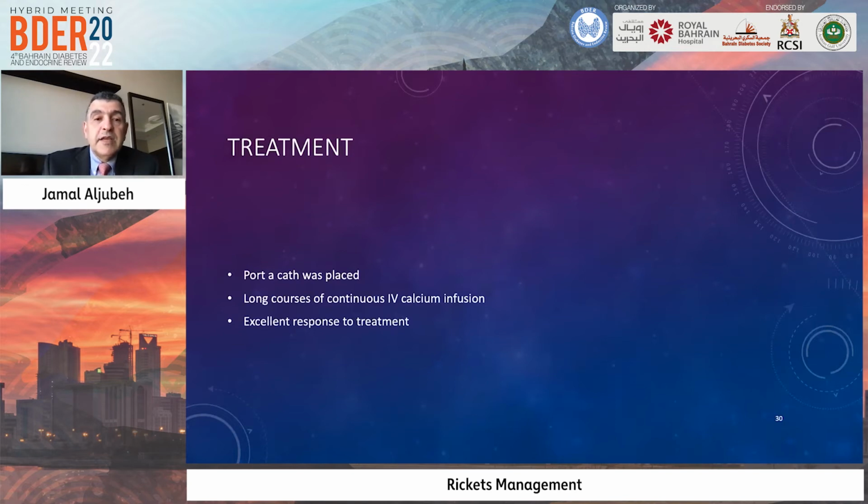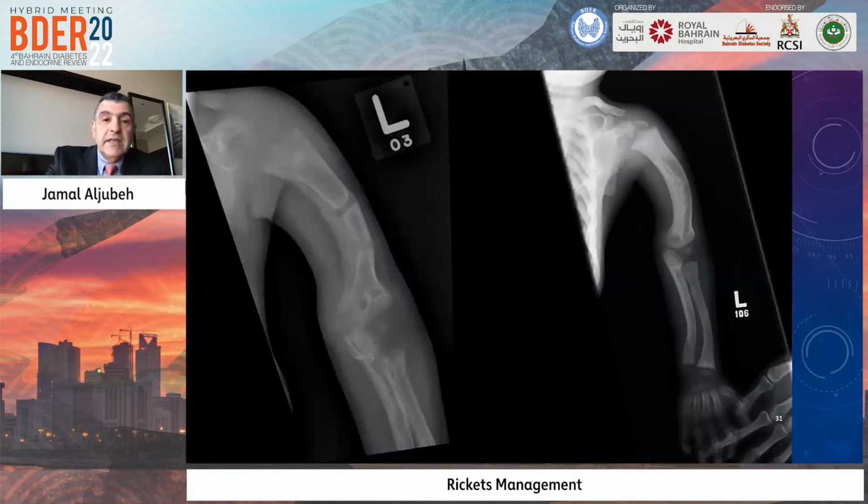So we placed a portacath and started long courses of continuous intravenous calcium infusion, which gave excellent results, but the treatment is a lengthy treatment. We had to treat for several months with intravenous calcium intermittently, and then place the patient on very high dose of oral calcium as a maintenance once the rickets has healed.